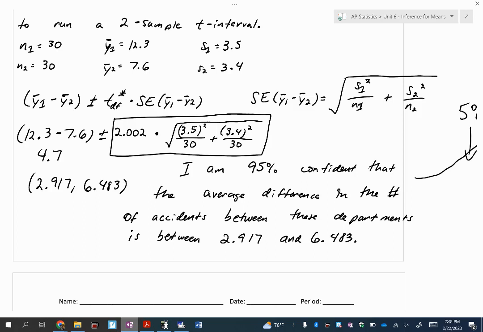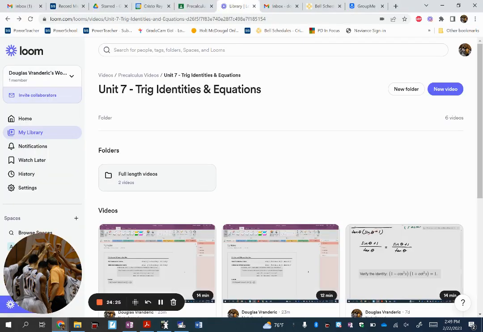But since 0 is not there, we would reject 0. And if we're rejecting 0, that means we are saying that they are significantly different. So if we had run a test, we would have had enough evidence to reject that they're the same. We would have actually concluded that they're different.